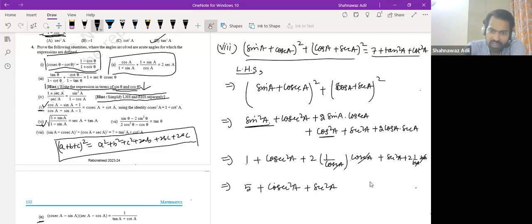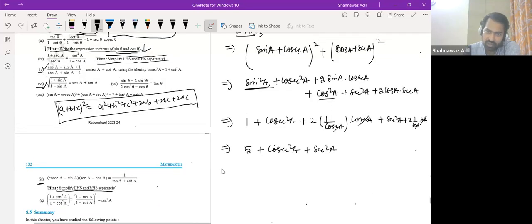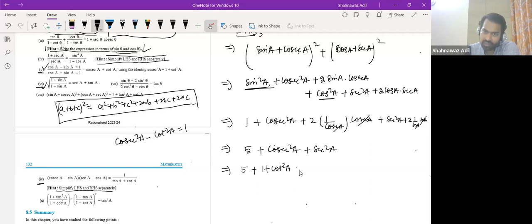Using the second and third identity, what can we write for cosec² A? 1 plus cot² A. And what is sec² A? 1 plus tan² A. Good.